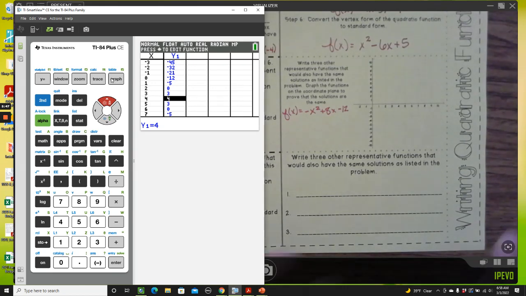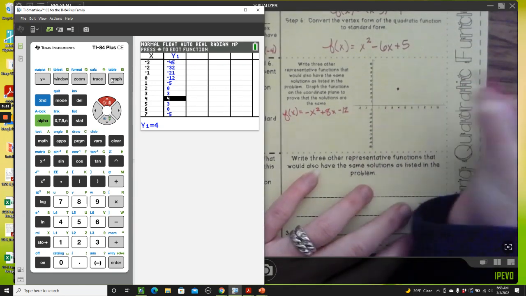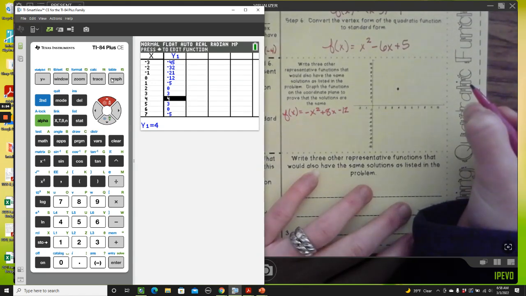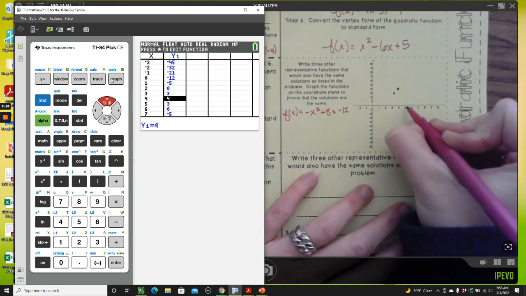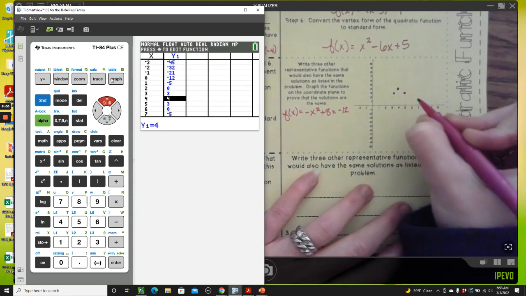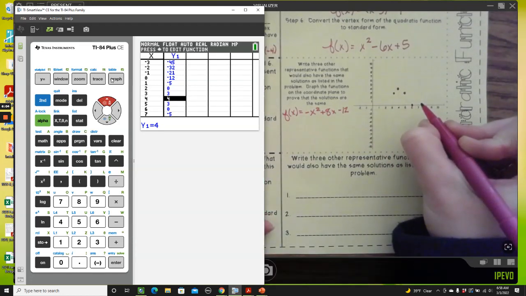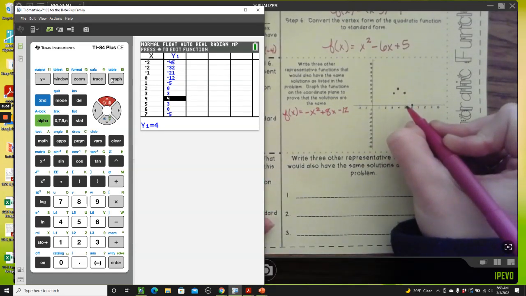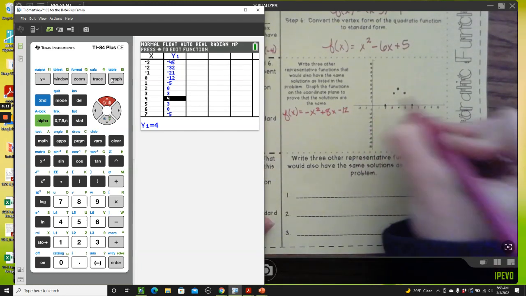So I know (4, 4) is the vertex, and then I've got (3, 3), (5, 3), and then (6, 0), which is one of my solutions. And then I've got (2, 0), which is my other solution.